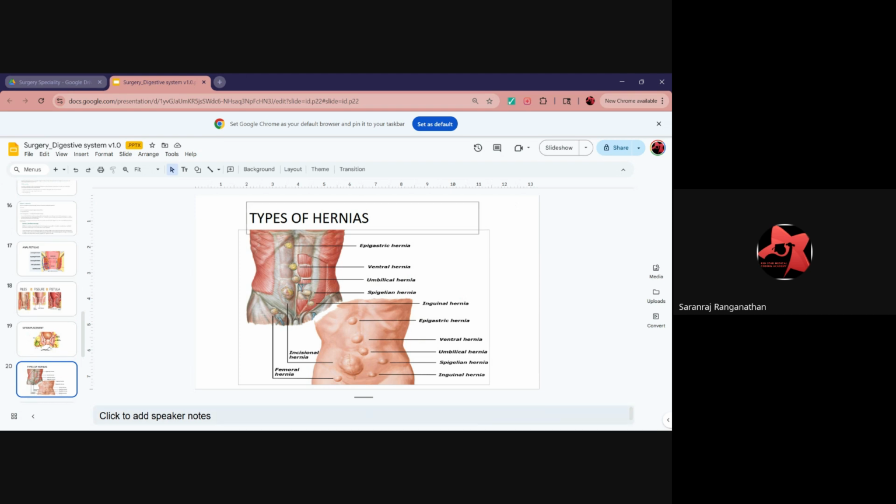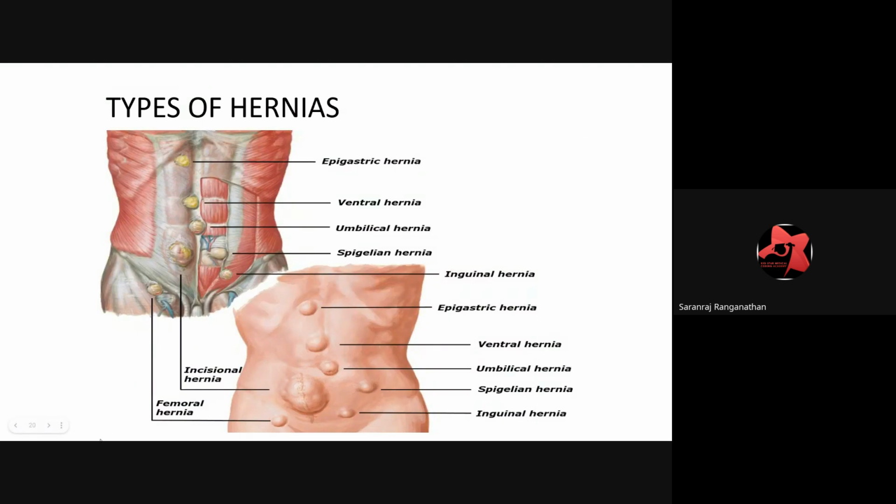Next concept is hernia. Hernia means some bulges happening in the stomach area, the lower abdomen area. In these places it will happen because of some pressure. These muscles get damaged and some tears happen because of that.